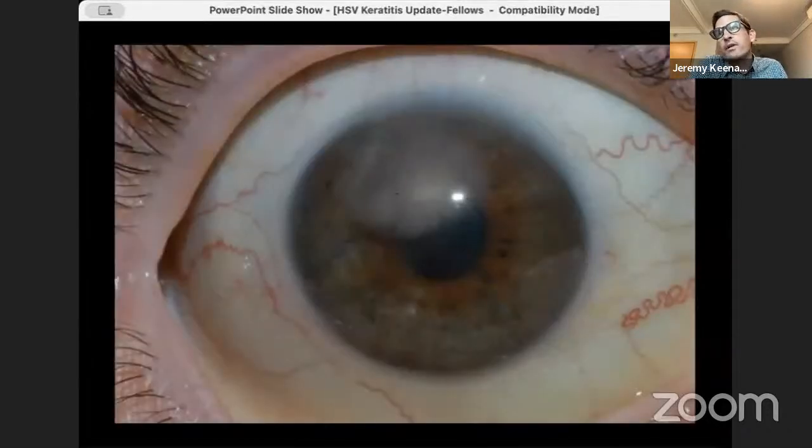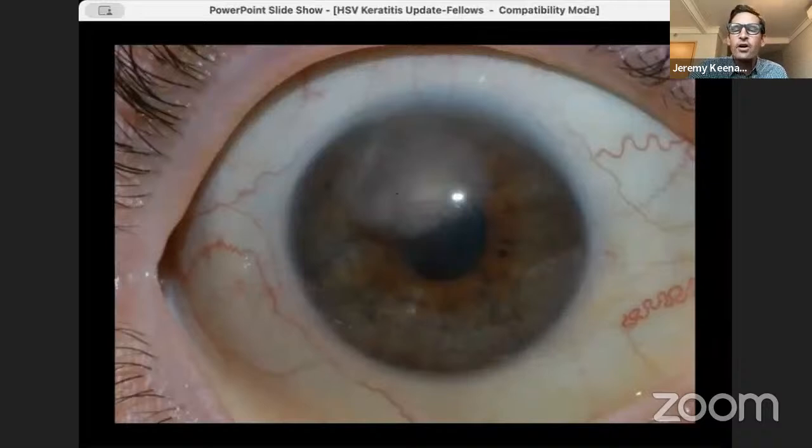The things that we see with stromal keratitis are infiltration. The infiltration looks different from a bacterial keratitis, which will be more purulent and more dense. This is more of a cellular infiltrate, where it's more hazy. It can get dense, but it's not like a soupy infiltrate like you might see with a bacterial ulcer.